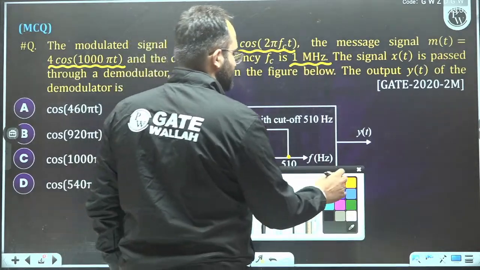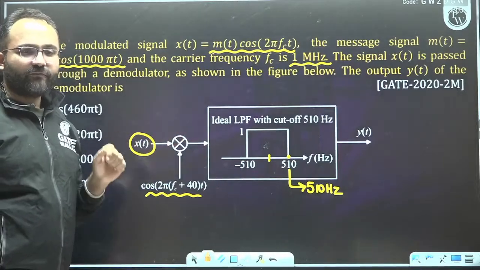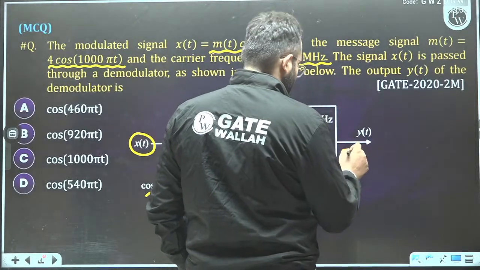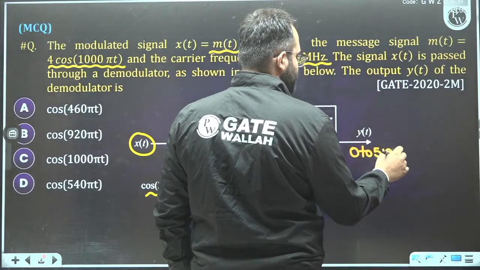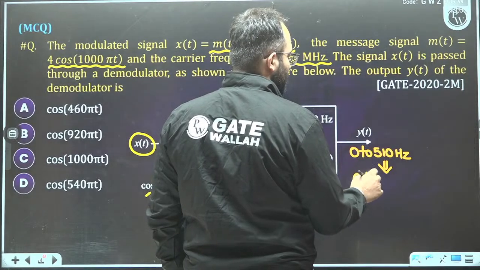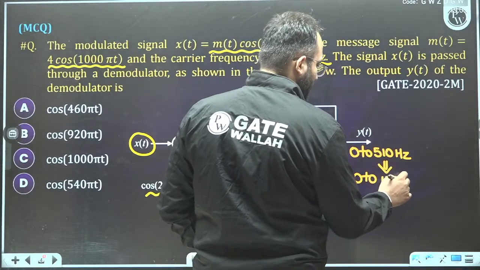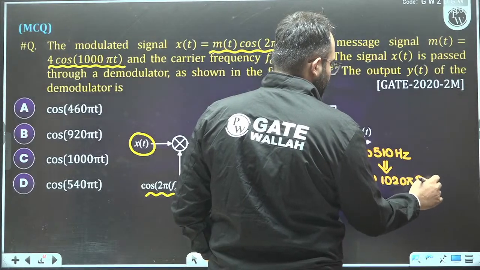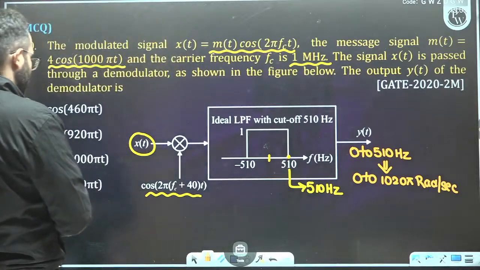Obviously, when the low pass filter is of 510 hertz, the output will have frequency from 0 to 510 hertz only. Multiplying by 2π, it will be 0 to 1020π radian per second. So the maximum frequency can be 1020π.